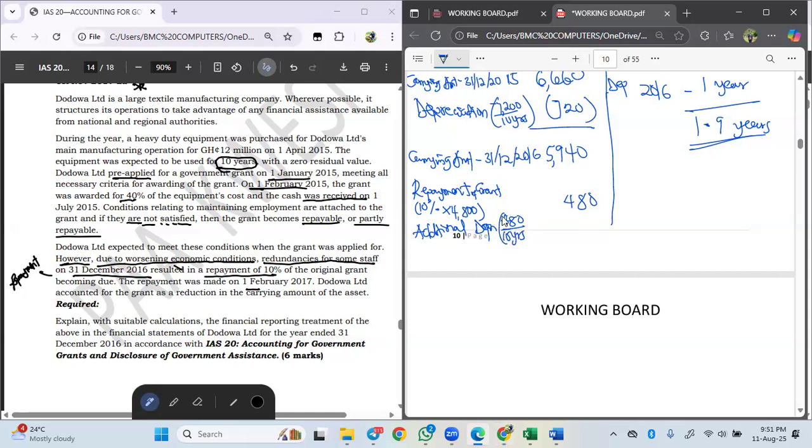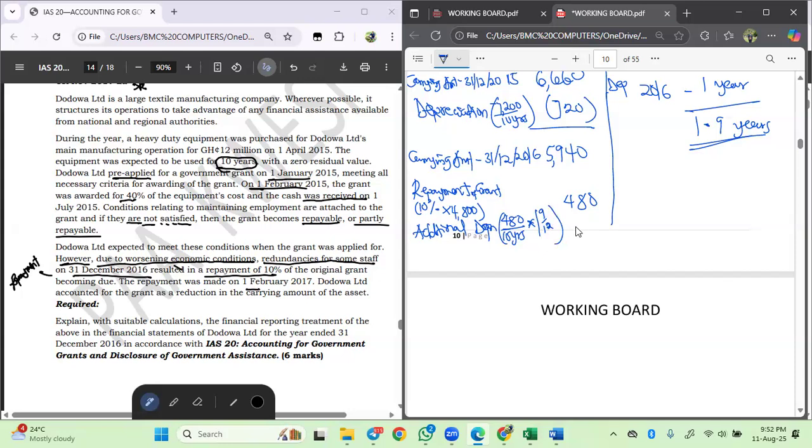So the calculated depreciation period is 1 year, 9 months. That one will be written as 1 whole year, 9 over 12, because the year is 12 months.